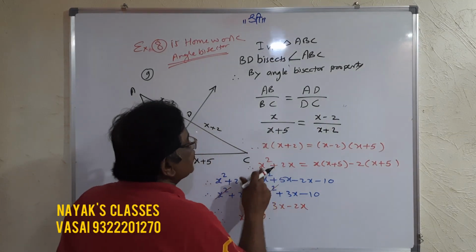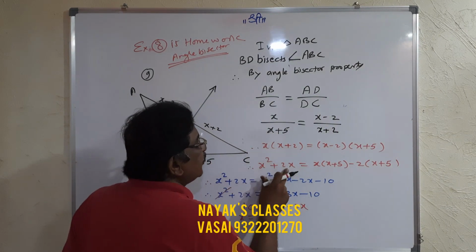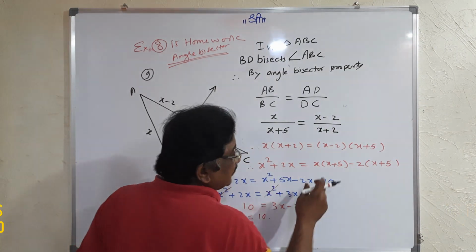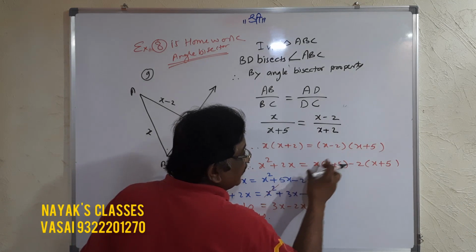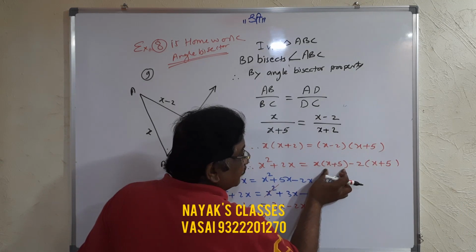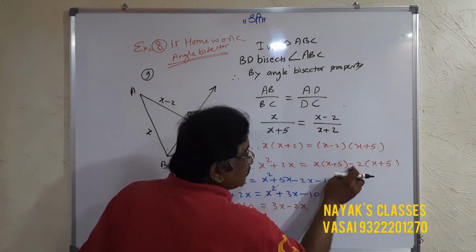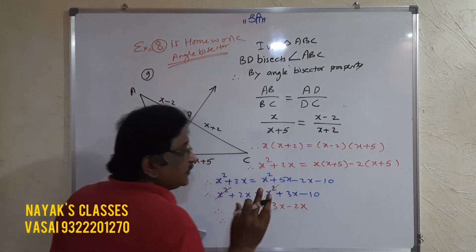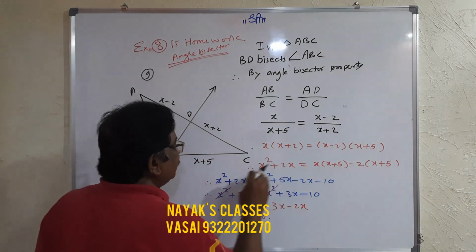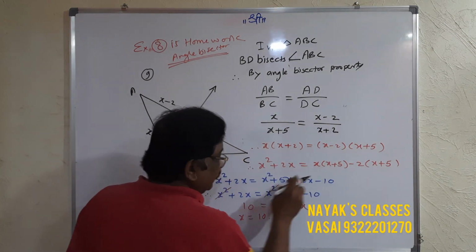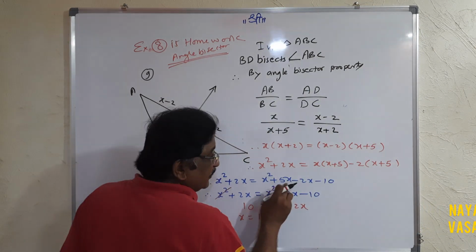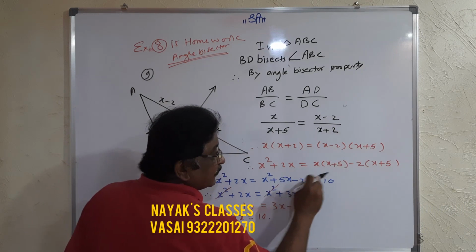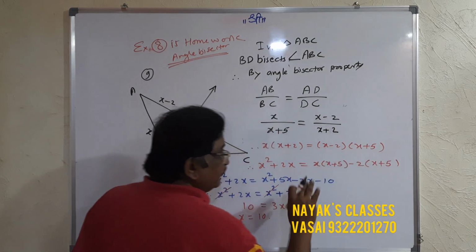This is X into X, X square, X into 2, 2X plus sign. That side two brackets are there, so first term of first bracket into second bracket, minus the second term of first bracket into second bracket. Very simple. So X square plus 2X is equal to X into X square, X into 5 plus 5X, minus 2 into X minus 2X, and minus 2 into 5 minus 10.